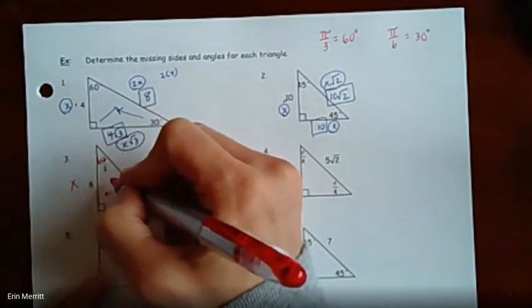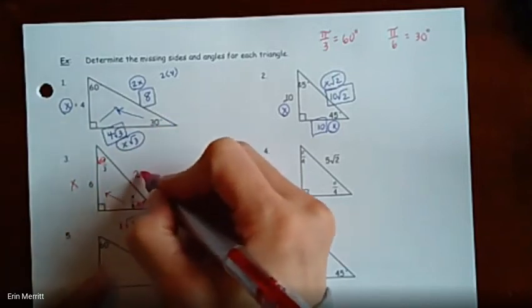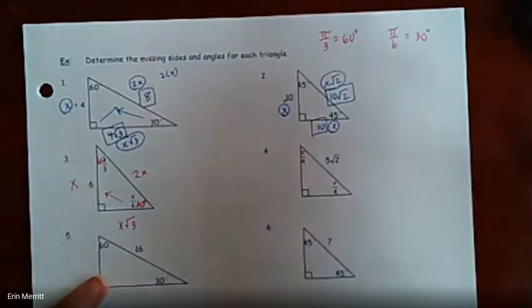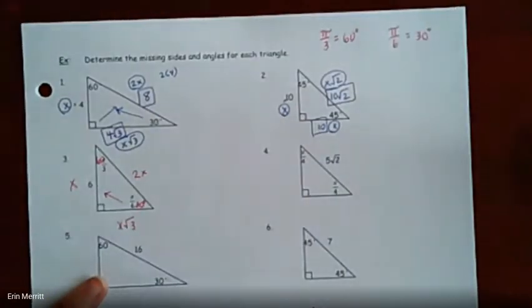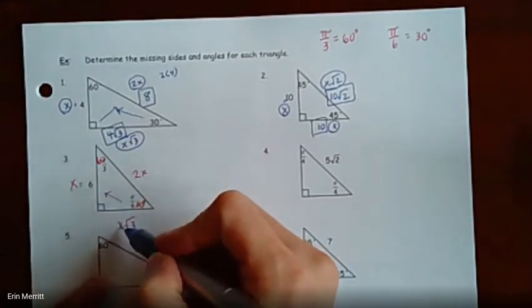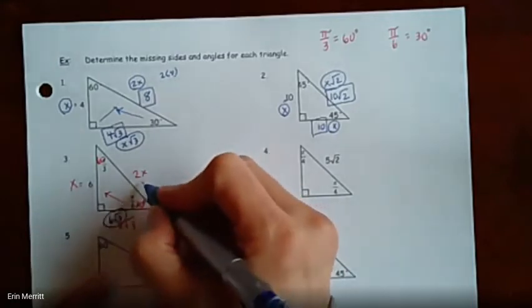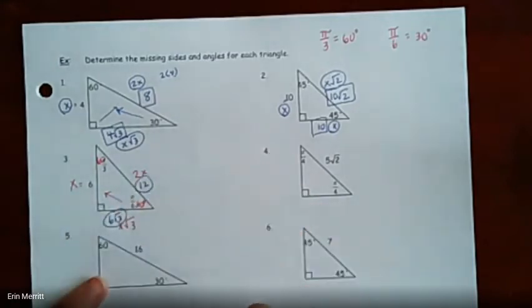This is 60, and the side across from that is going to be the x radical 3. And then 90, the side across from that is going to be 2x. Now take a look at what you have. The side that's the x is just 6. So plug in 6 for the x's here and here. This becomes 6 radical 3. Plug in a 6 here, and that becomes 12.